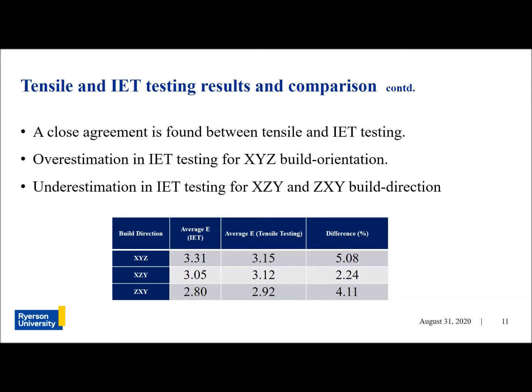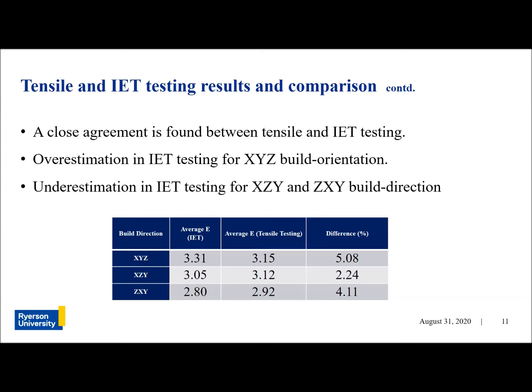The application of non-destructive testing in the pulse excitation technique makes it possible to perform multiple experiments on the same sample. The elastic modulus obtained through IET overestimates those obtained through tensile testing, whereas for the 2 other build directions, elastic moduli underestimate those from tensile testing.